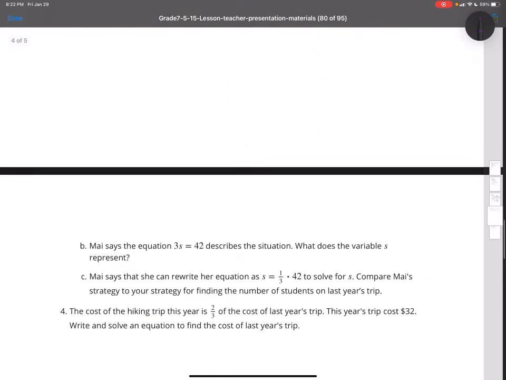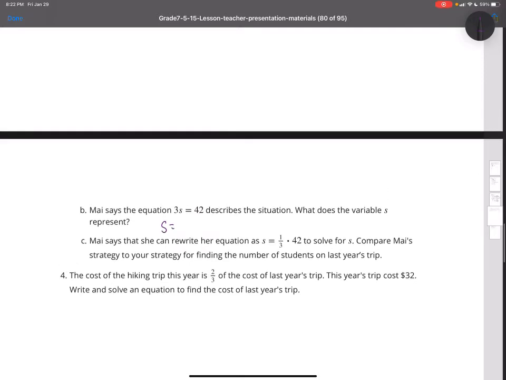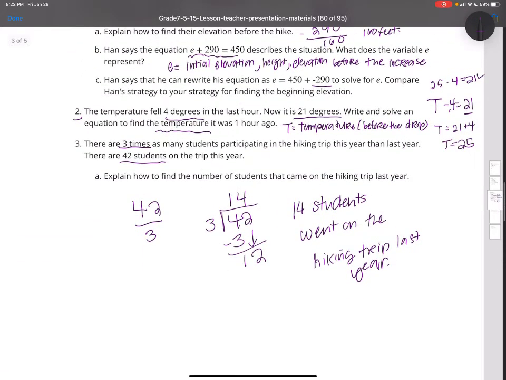Okay, let's move on to part B. It says, May says the equation 3s equals 42 describes the situation. What does the variable s represent? All right. Now, the question is how many students went on a hiking trip last year?